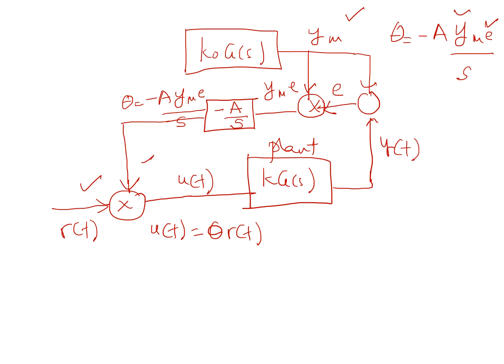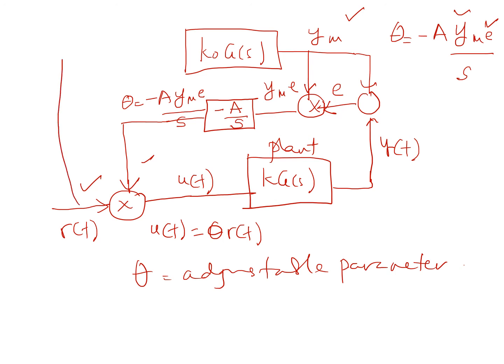So theta is the adjustable parameter that we want to find. Through the calculation we define the equation for theta. Again, the reference signal is the input for the reference model.